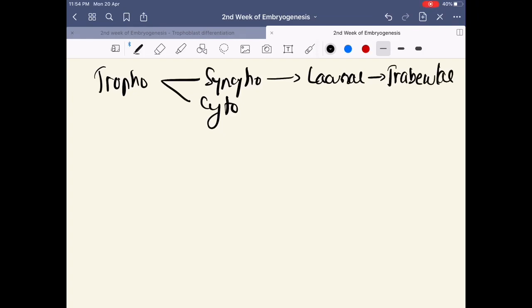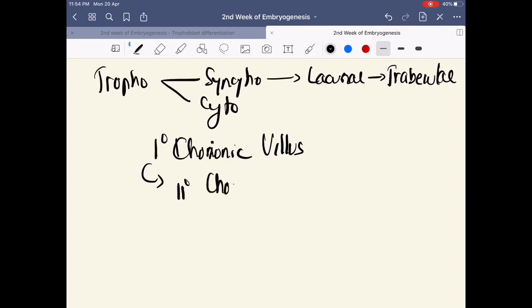Into these pillars the cytotrophoblast grows, which then forms a primary chorionic villus, later going to become a secondary chorionic villus.